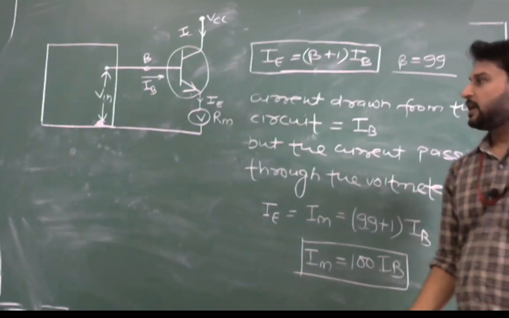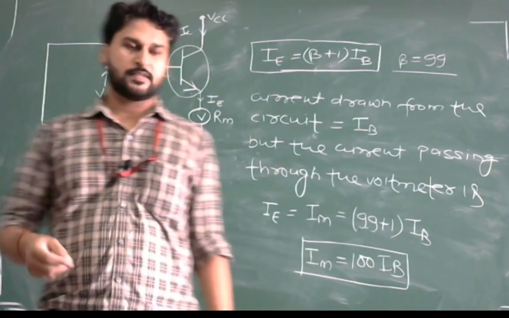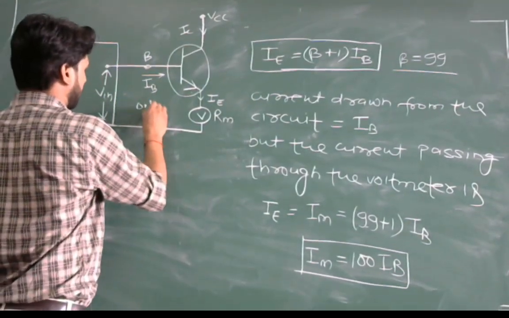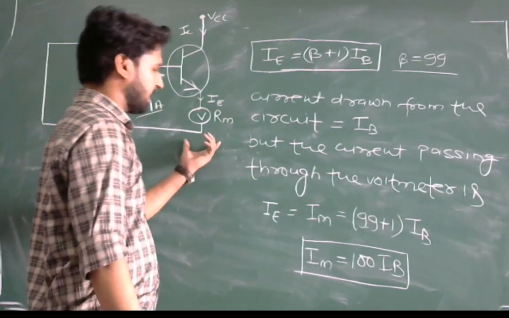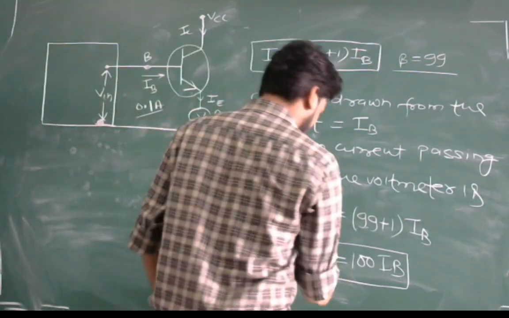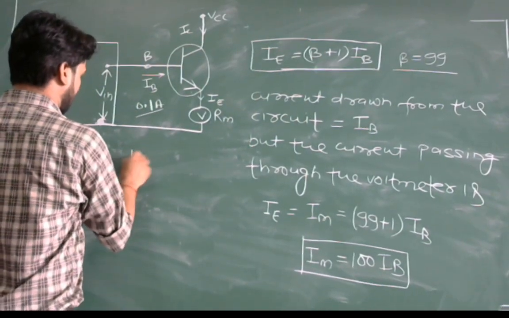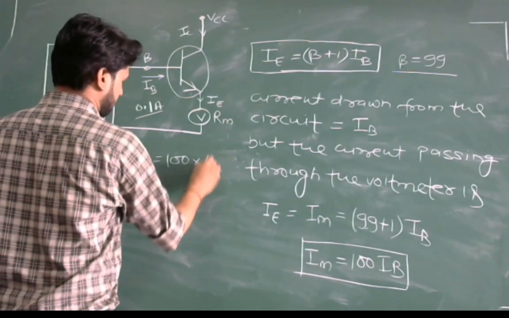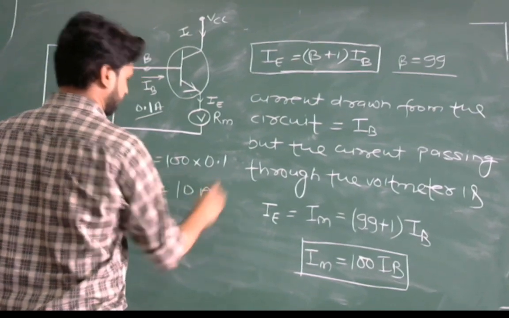Means if the current drawn from the circuit is 0.1 ampere, then the voltmeter will get 100 times of this current, means Im will be 100 into 0.1, it will be 10 ampere.